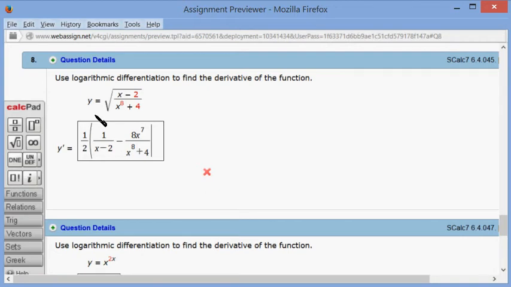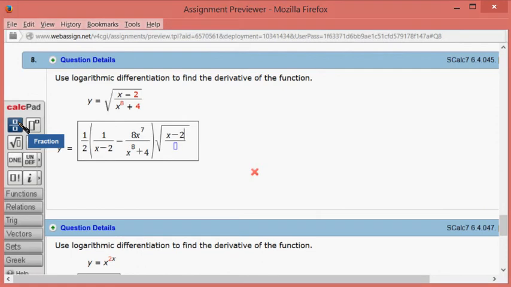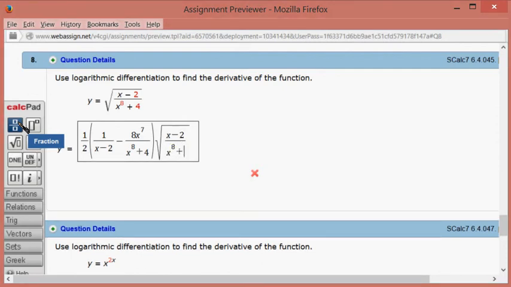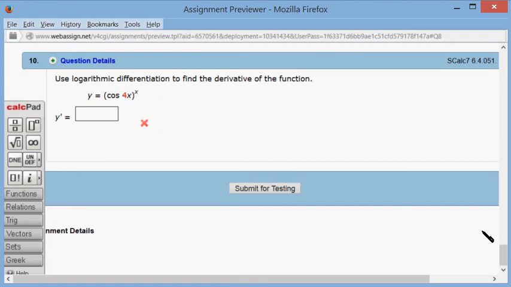Then close the parenthesis, and you're going to have a big square root with a fraction inside: x minus 2 on top, and x to the 8th power plus 4 on the bottom. So let's go down and submit for testing.